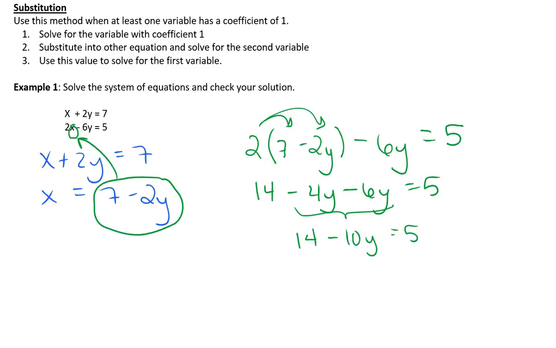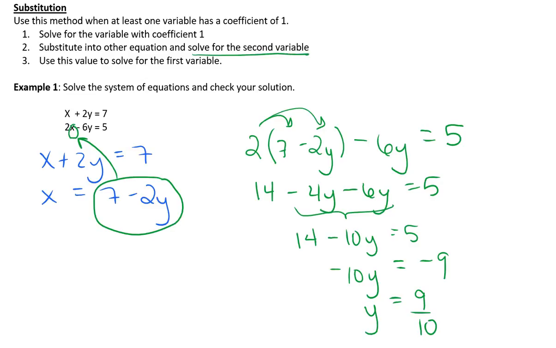And if we subtract 14 from the other side, we end up with negative 10y equals negative 9, since 5 minus 14 would be negative 9. And so finally we can solve for y, and y equals negative 9 over negative 10, which simplifies to 9 over 10.